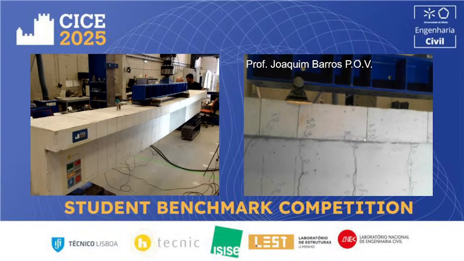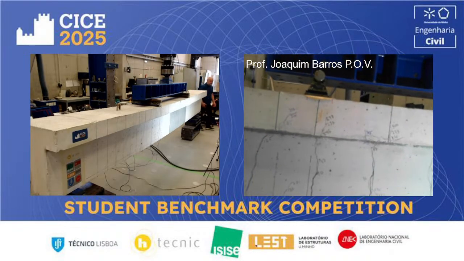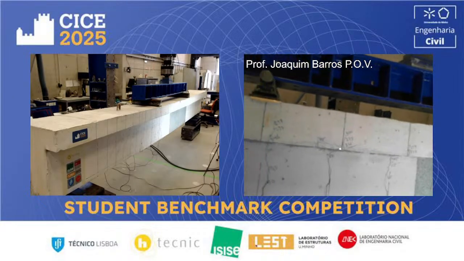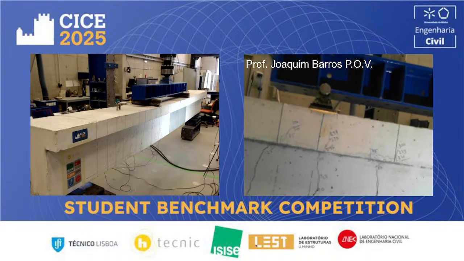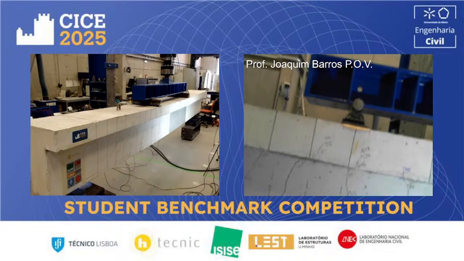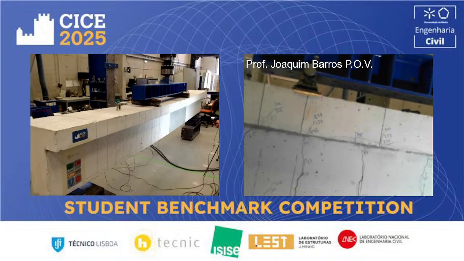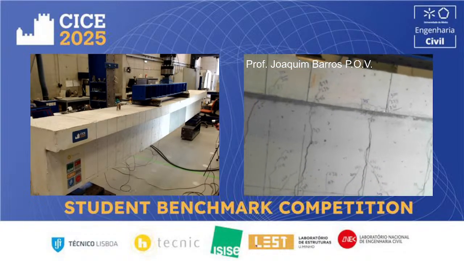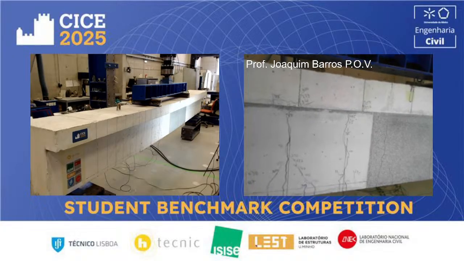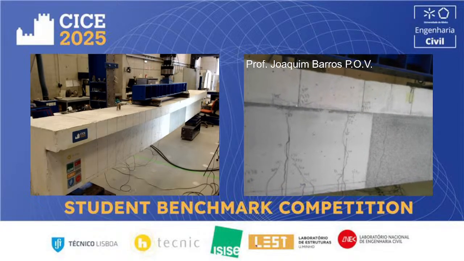So the crack width is incredible in these two cracks. In the third crack, the crack width is much smaller, so the difference is very visible. The crack close to the loaded section and the following one have a much higher crack width than the third crack, the one closer to the center.